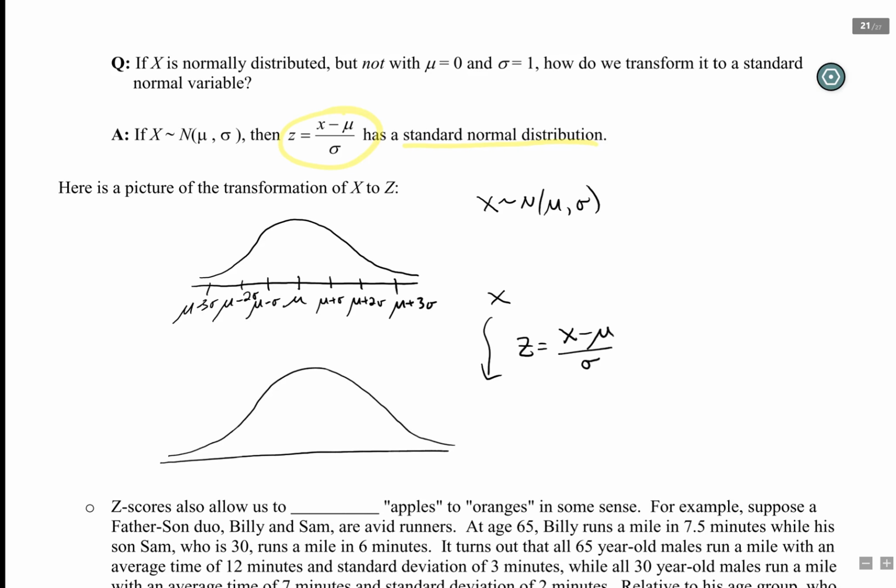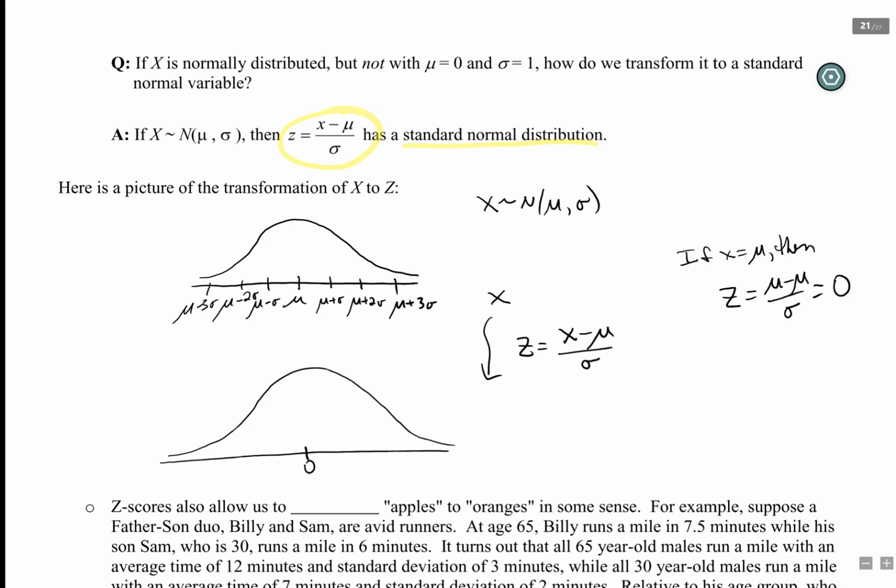But what it does is, let's start with mu first. If I plug in mu for x, what happens? If x is equal to mu, then z equals mu minus mu over sigma. Well, that's 0 in the numerator, so I have 0 overall. So mu is mapped to 0.